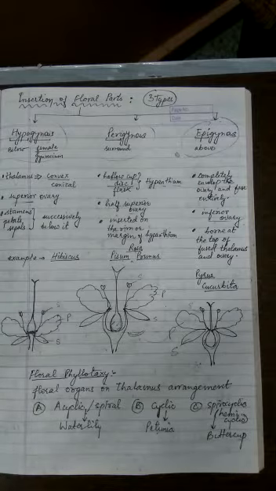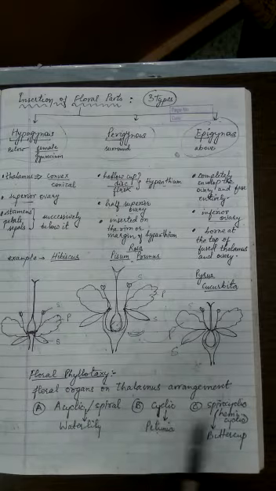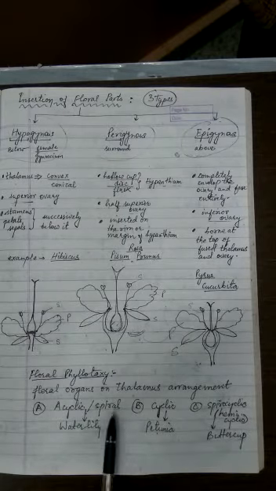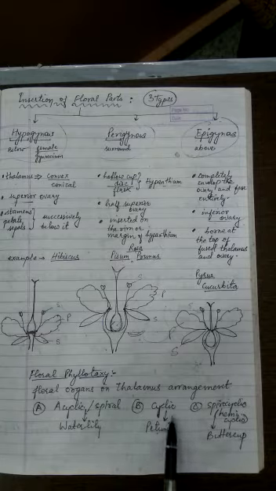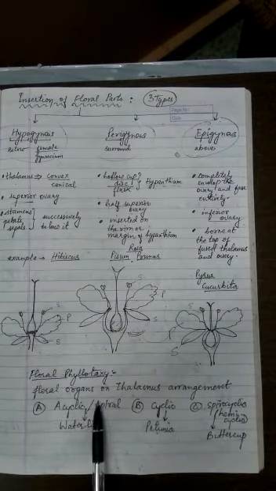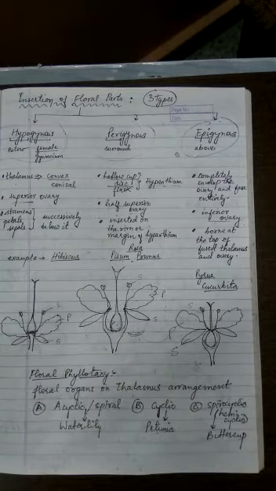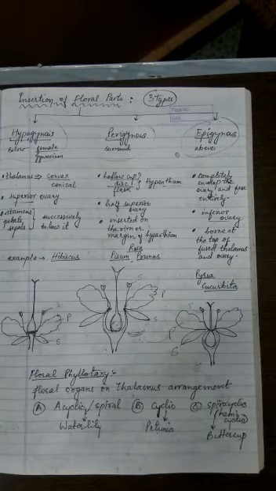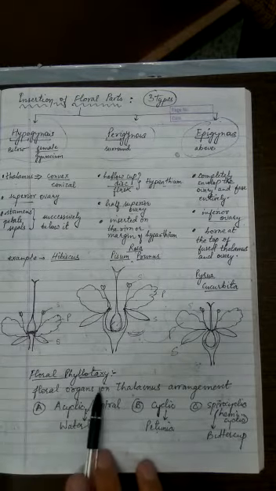So the floral phyllotaxy of the flowers would be of three basic types: acyclic type, which is also called spiral type, the cyclic type, and the spirocyclic, which means a mixture of both. The floral organs, meaning the sepals and petals, are arranged on the thalamus, and this arrangement on the thalamus is called the floral phyllotaxy.